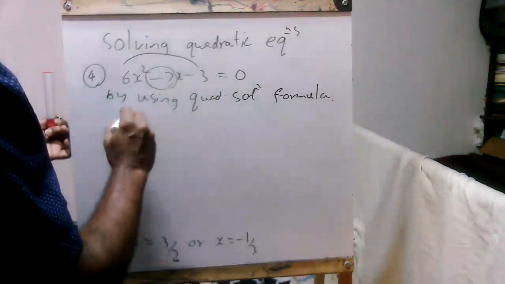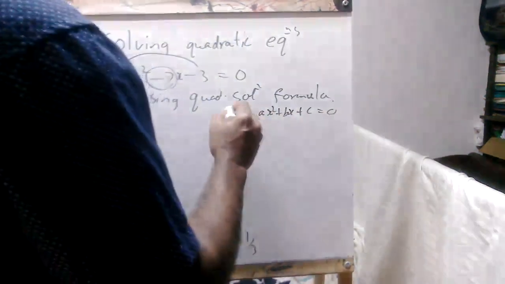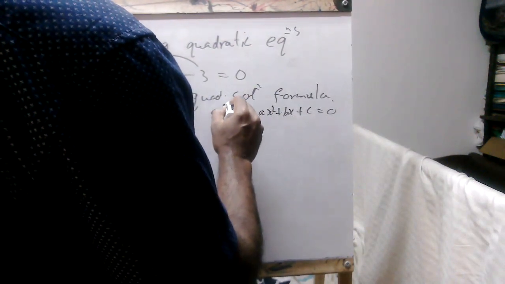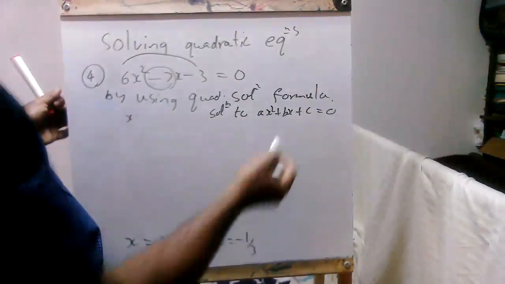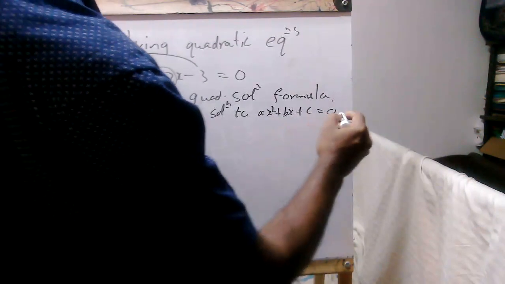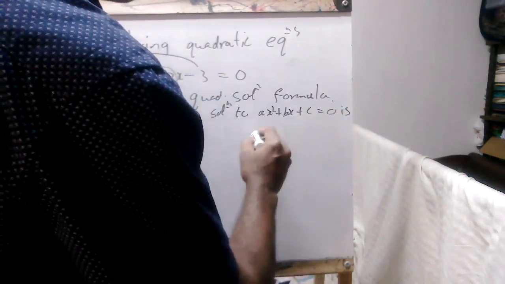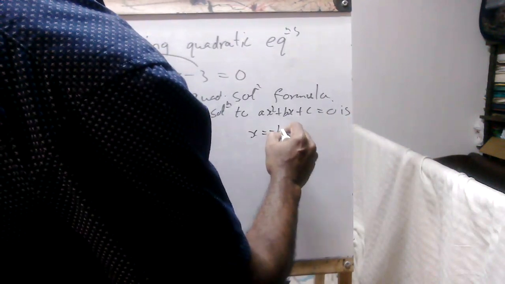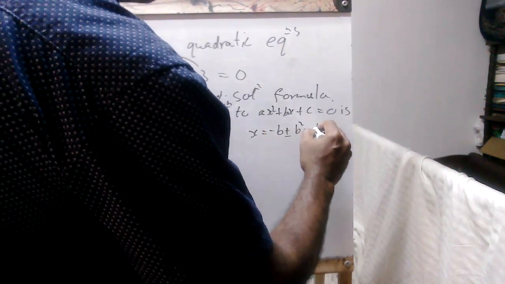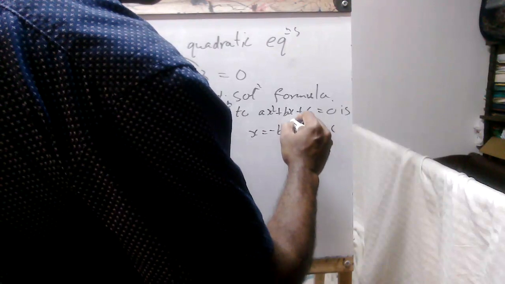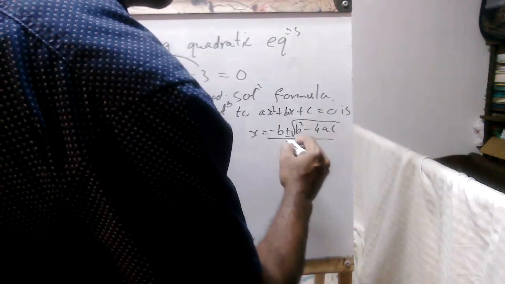x equals. I write it on the side, the solution to ax squared plus bx plus c equals 0. The solution to this equation, ax squared plus bx plus c equals 0, is given by x equals negative b plus or minus the square root of b squared minus 4ac, divided by 2a.